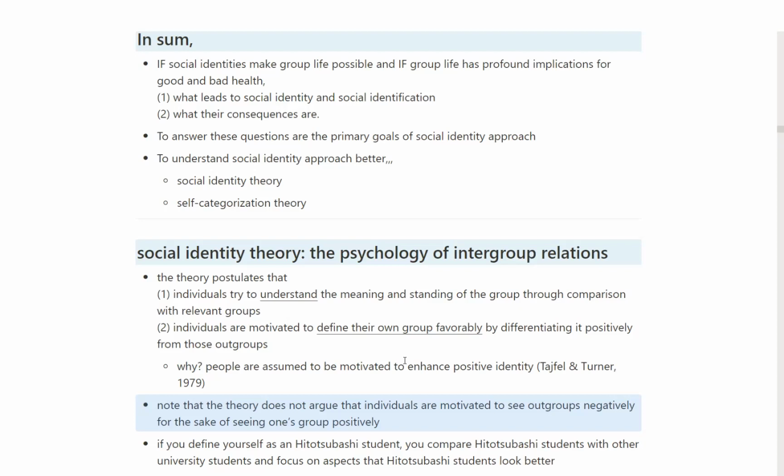Maybe you want to think about some examples of how people talk about out-groups, and when you find those cases, try to think about how what they say is relative to their own group.